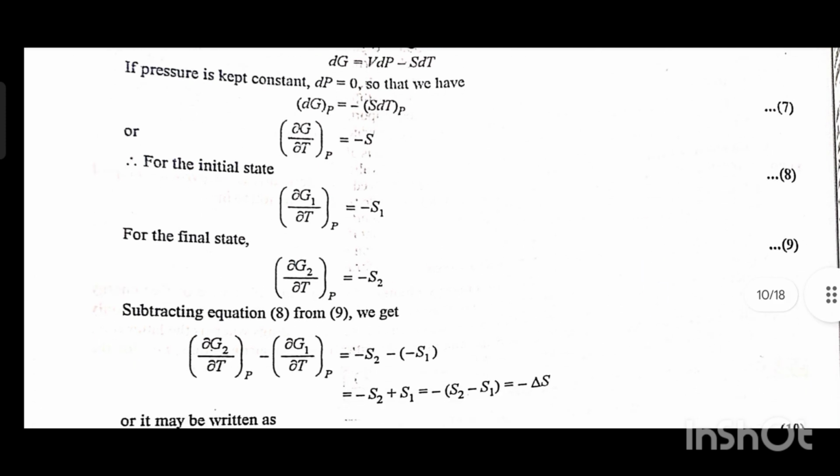If pressure is kept constant, dP = 0, so that we have dG at constant P = -SdT at constant P. (∂G/∂T) at constant P = -S. That is equation 8. For the initial state, (∂G1/∂T) at constant P = -S1.